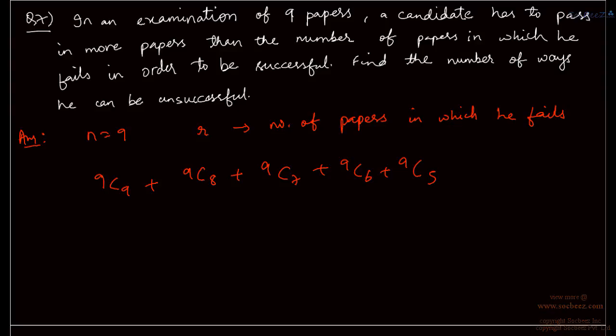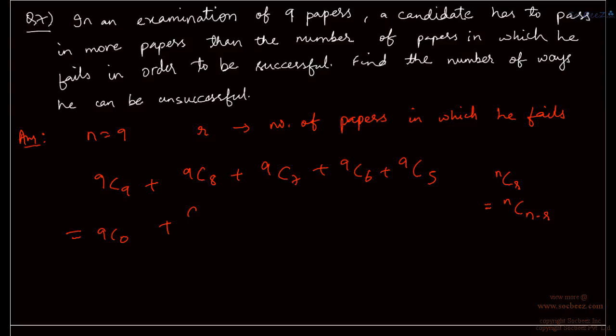Okay, so this is what you are supposed to find. Now, well, you can calculate each of them and then add them up, but at the same time, you can look at this. 9C9 is actually equal to 9C0, right? We have nCr equal to nC(n minus r), right? What this means is, if he fails in 9 subjects, that means he passes in 0, right?